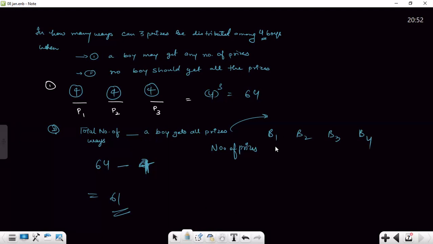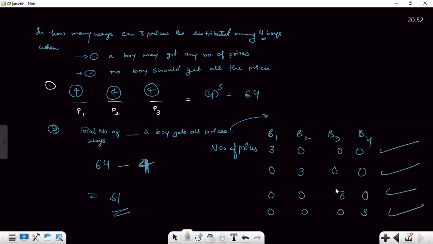It may happen that boy 1 has won all three prizes and the others have won nothing. Or boy 1 has got nothing and boy 2 has got all three prizes, and everyone else has got nothing. Or everyone has got nothing except boy 4. So there are four cases where a single boy gets all the prizes: 1, 2, 3, and 4. So 64 minus 4, 60, will be your answer for when no boy should get all the prizes.